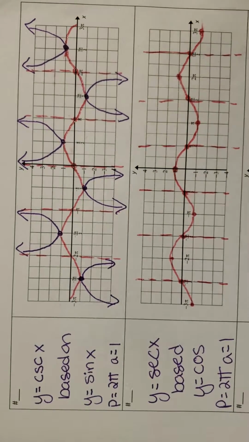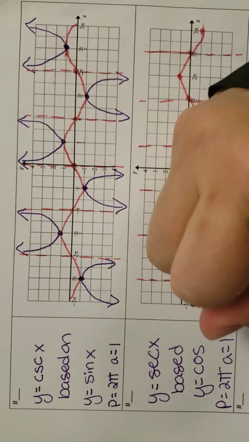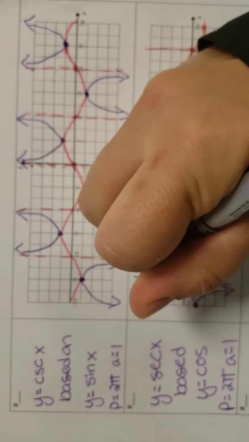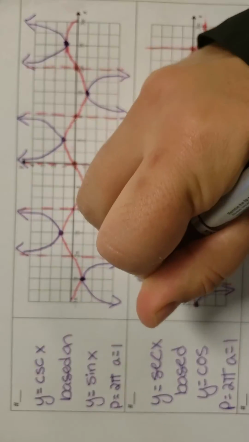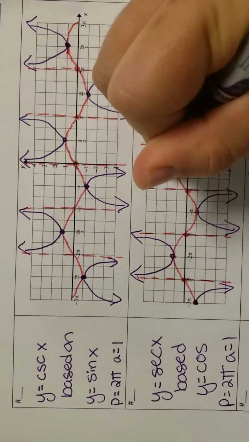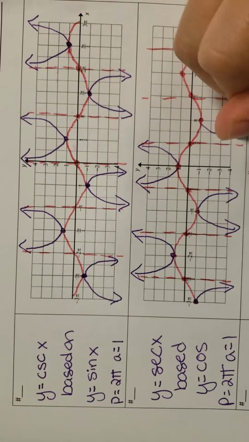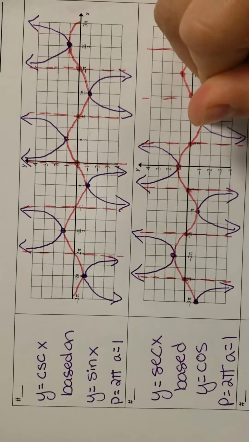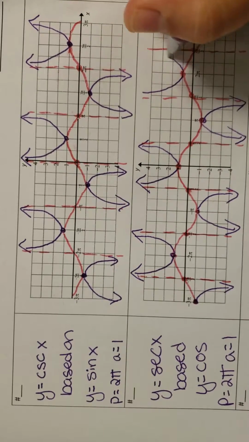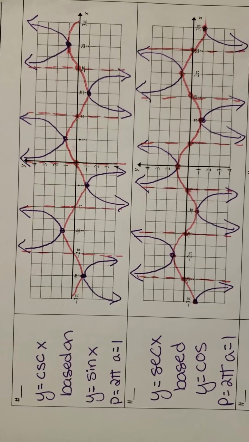And then at all of our local extrema, we will make U shapes that go infinitely either in the positive or the negative direction. Yay, that's it. That's all there is to it.